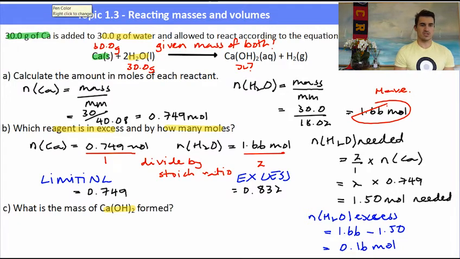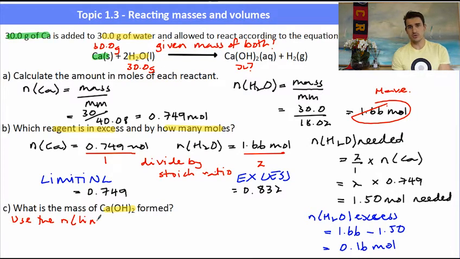To finish off the question, it says, what is the mass of calcium hydroxide formed? Now, to work out an unknown using the ratio, we always work with the number of moles of the limiting reagent. In this case, calcium was the limiting reagent. So I need to use the ratio between calcium and calcium hydroxide.